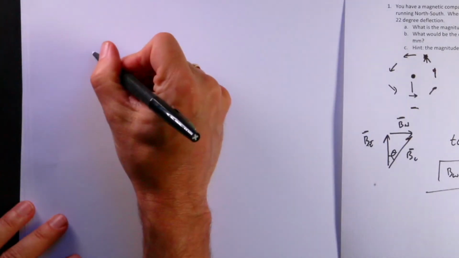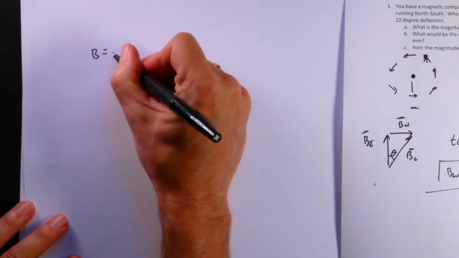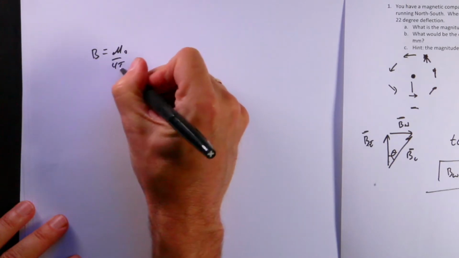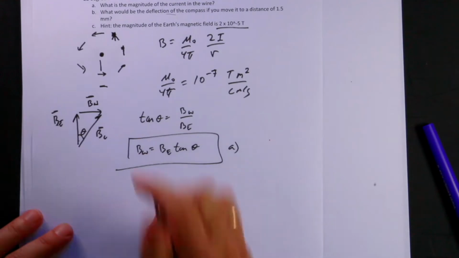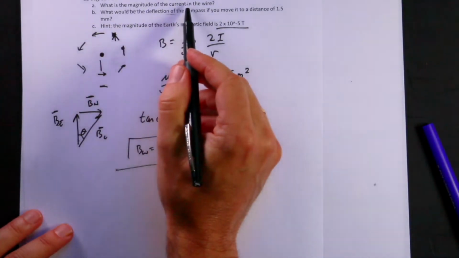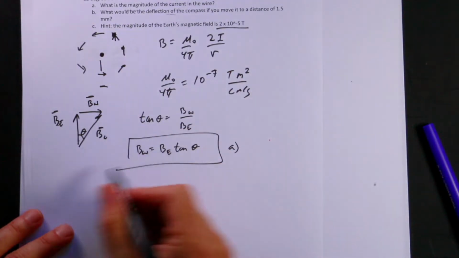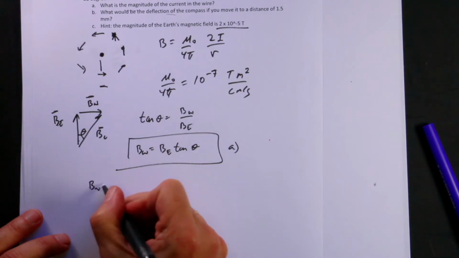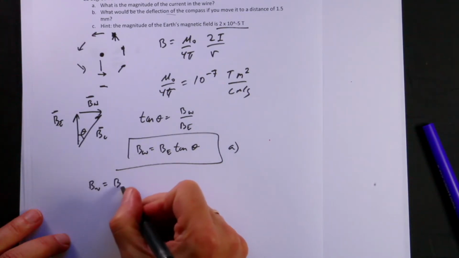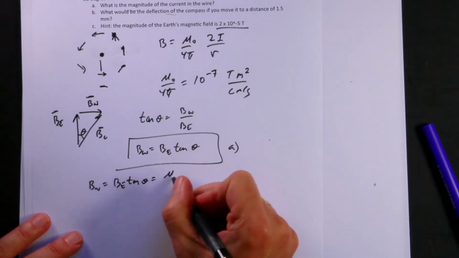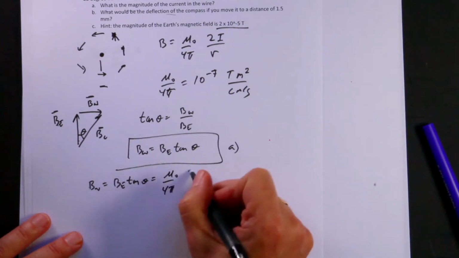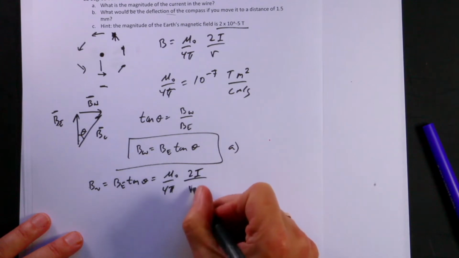So let's go up here. I can say B equals mu naught over 4 pi. Wait, I didn't finish this. This asks what's the magnitude of the current, not the magnetic field. So now I have that. I can say B wire equals B Earth tangent theta, and that's going to be equal to mu naught over 4 pi 2I over r.